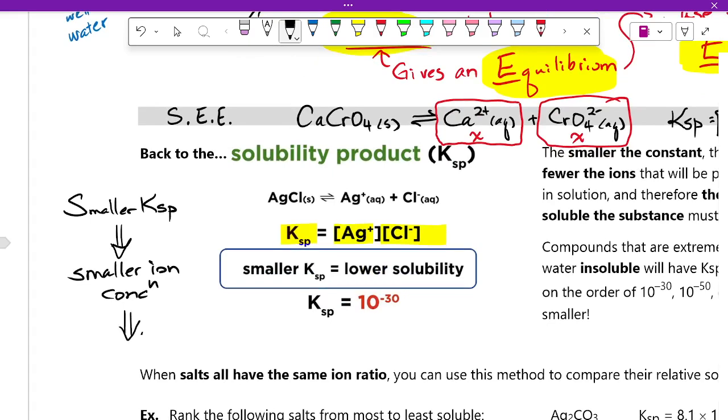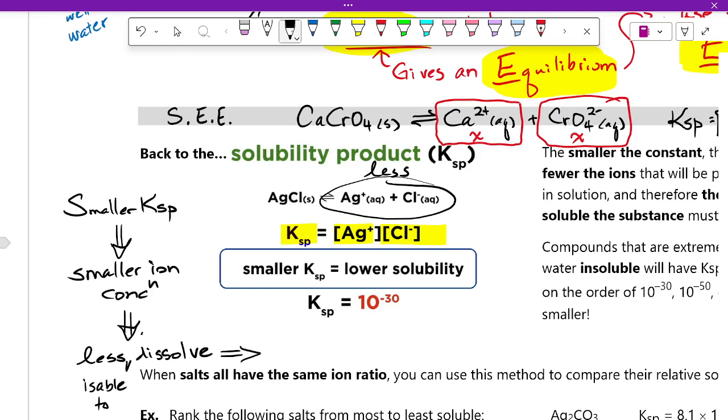Less can dissolve because we've got less in its dissolved form. And if less is able to dissolve, what can we say about the solubility? The solubility is lower. Smaller.